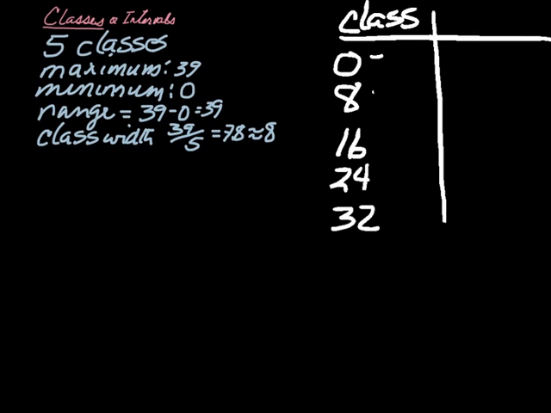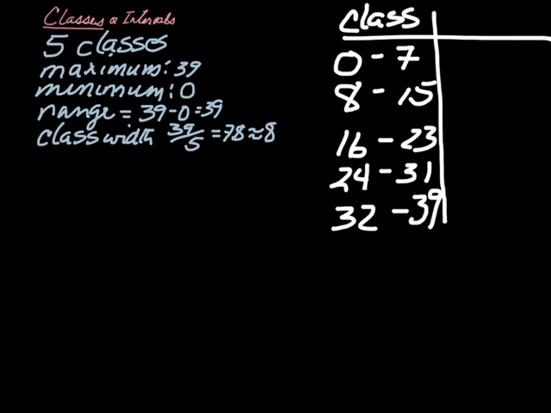How do we get the rest of the interval? We take one less than the next number. So this is 0 to 7, then 8 to 15, then 16 to 23, then 24 to 31, and 32 up to 8 more would be 40, so one less is 39. And there's all our classes.